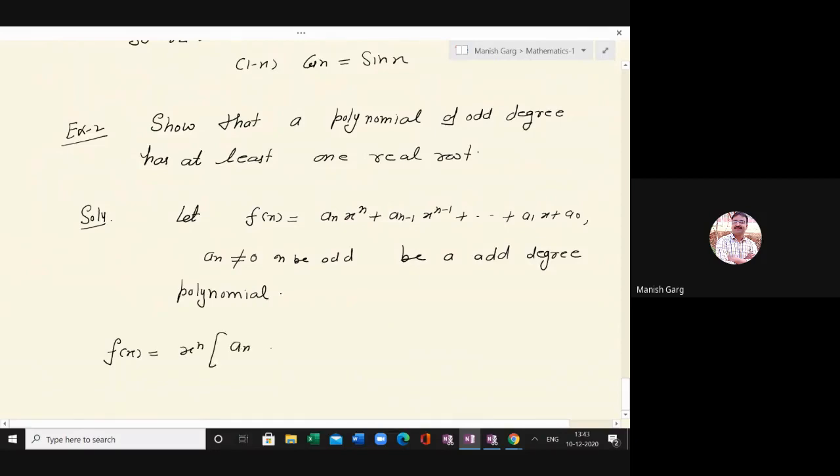So you can write: a_n plus a_(n-1) over x, plus a_(n-2) over x square, plus ... plus a_1 over x^(n-1) plus a_0 over x^n. Suppose this is 1.